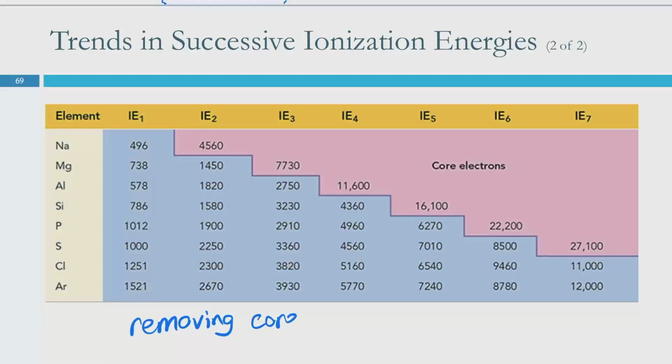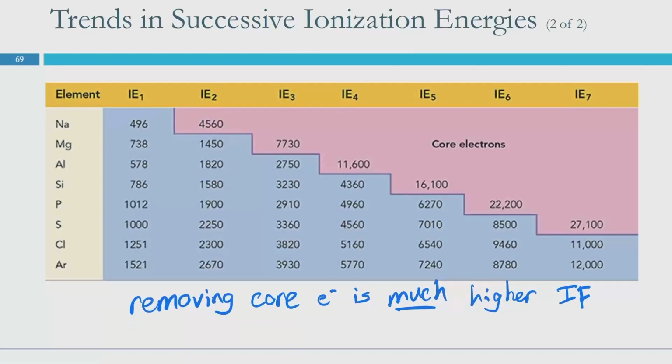So removing core electrons is much higher ionization energy than valence electrons. So once you strip off that valence shell, then the ionization energy spikes.